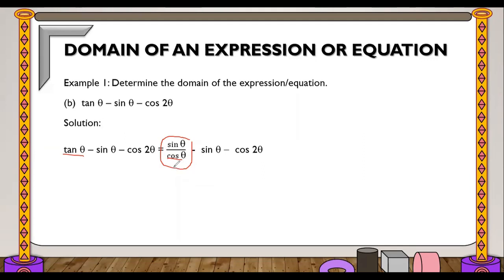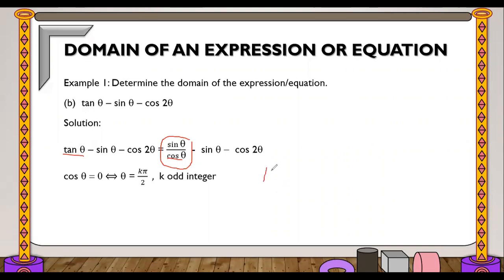Ibig sabihin, titingnan natin ngayon ang cosine theta. We are going to solve for when the value of cosine theta is 0. So cosine theta equals 0 when the value of theta is k pi over 2, where k is an odd integer. Let's say magbigay tayo ng k na odd integers.